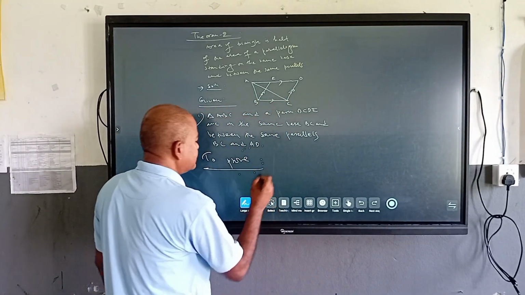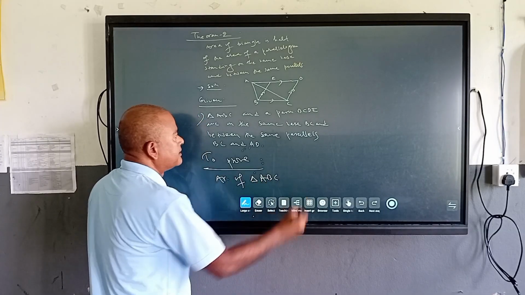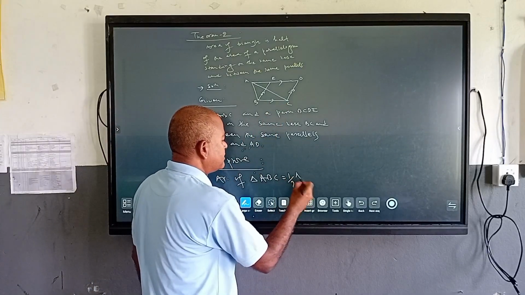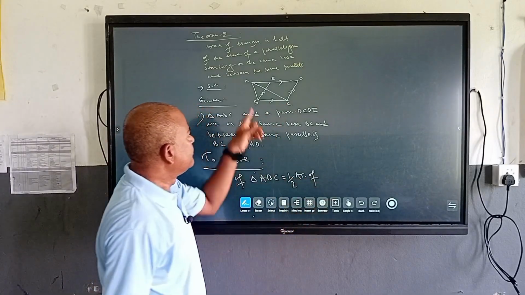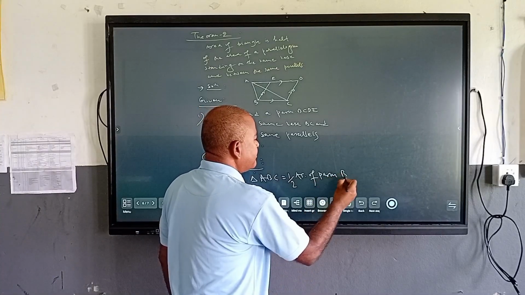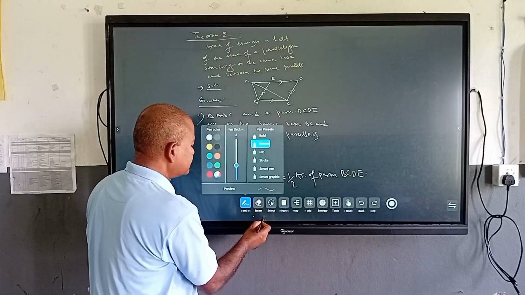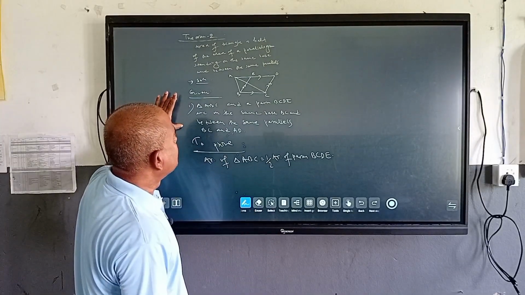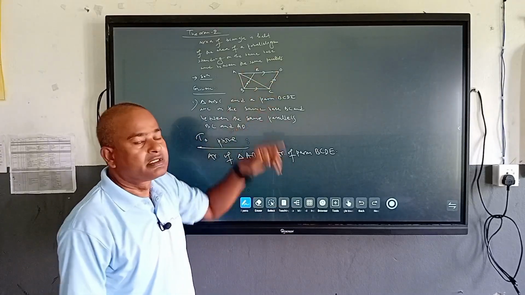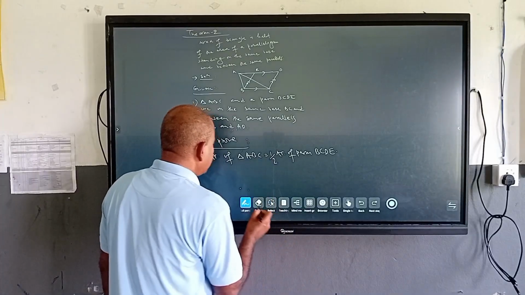We have to prove that area of triangle ABC is half of the area of parallelogram BCDE. Let's write down the proof.